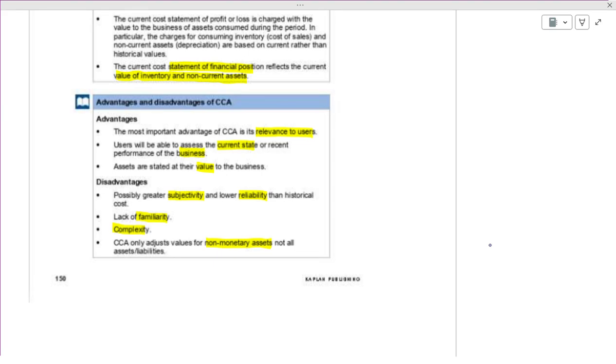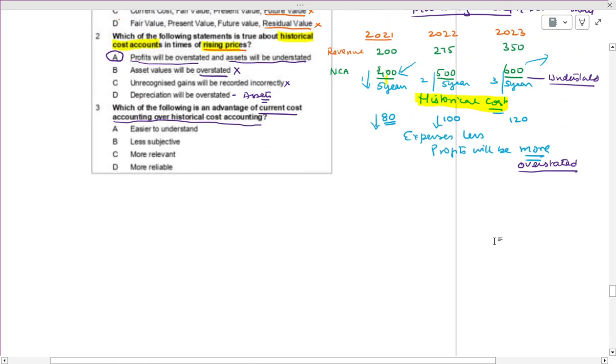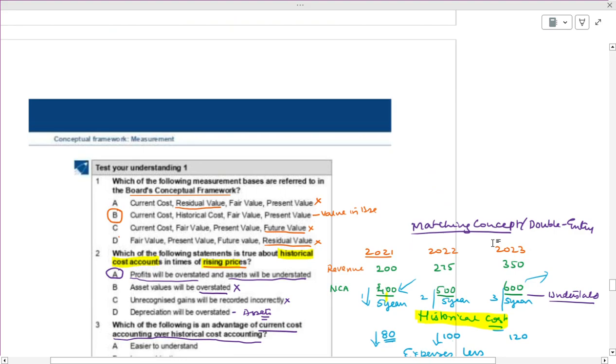It helps users assess the current state of performance of the business. Assets are stated at their value to the business. Relevant, current state of performance, and assets at fair value. Easier to understand: this is the advantage of what?